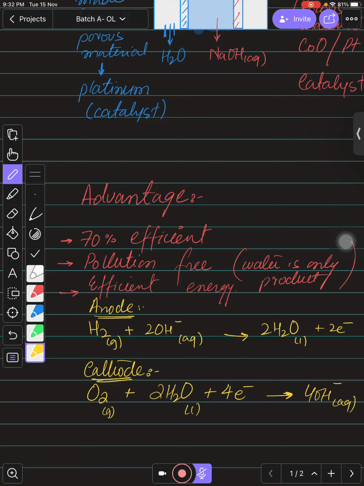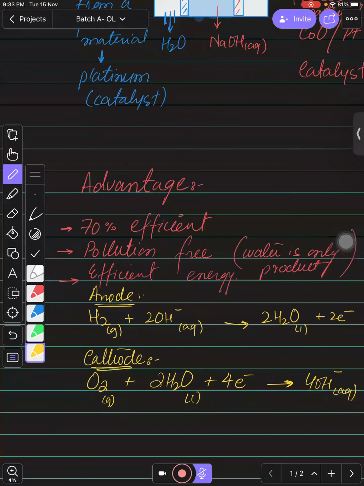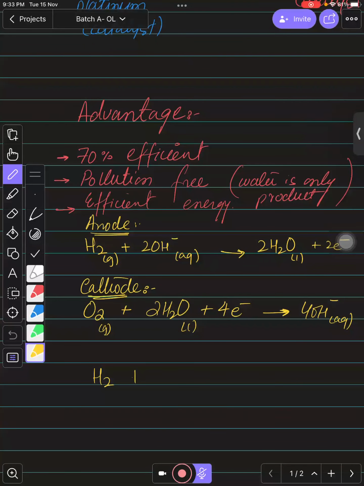Yes, sir. So you can see what is happening here. On one side, oxygen is added, okay? On one side oxygen is added, on the other side hydrogen is added. When oxygen is added, it reacts with water and forms hydroxide, and that same hydroxide reacts with hydrogen on the other side and forms water molecules again. So in both of the cases, if we focus over here, the overall reaction is actually the formation of water molecules. If you are adding hydrogen gas and it is reacting with oxygen, it is forming water.